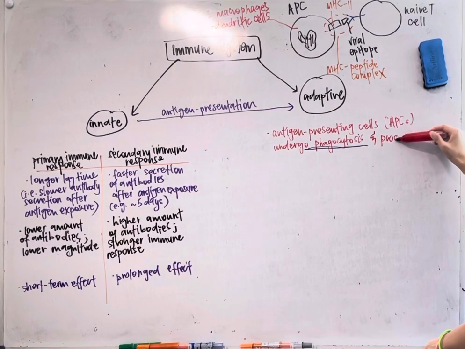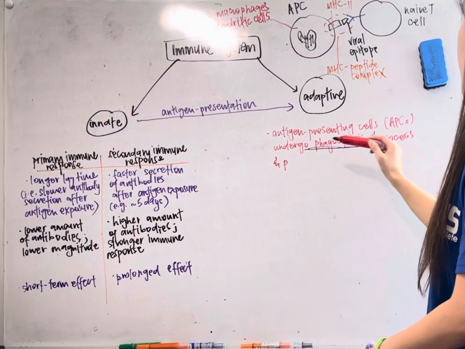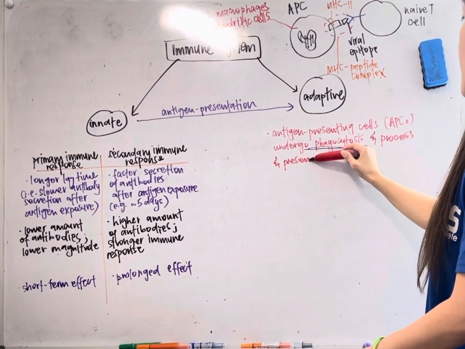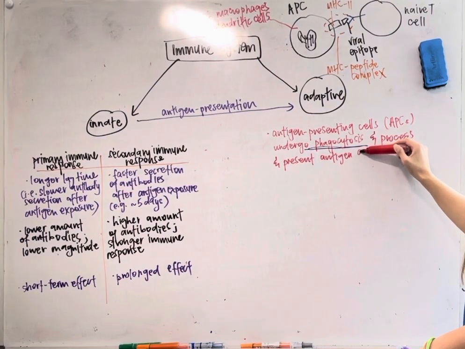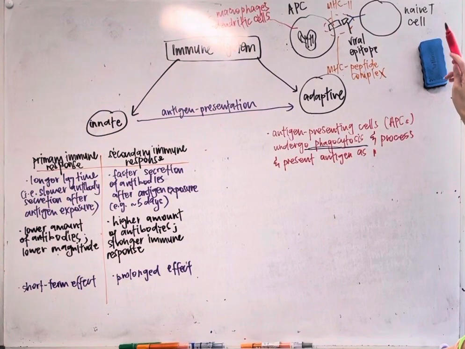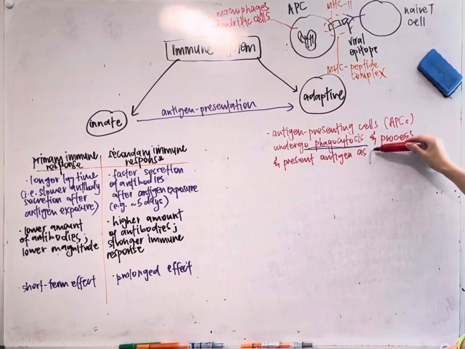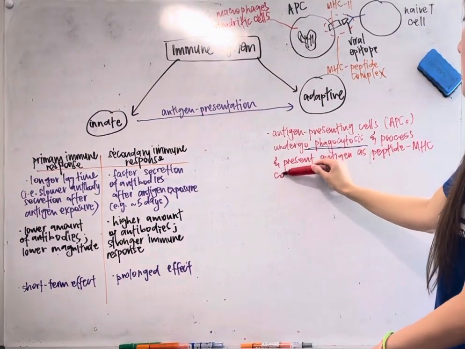Process antigen. So they will process and present the antigen, okay, as what? Keyword you always write in exam is peptide MHC complex. MHC peptide complex, both acceptable. I'm just purposely writing like that so you know both are acceptable.